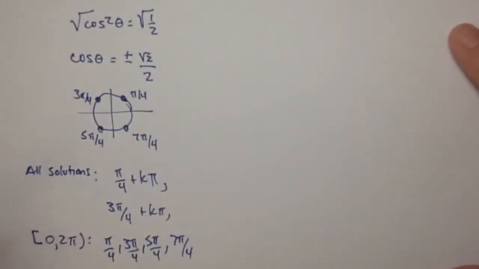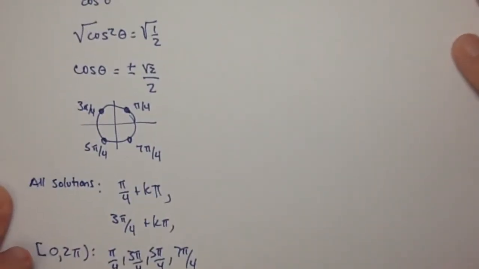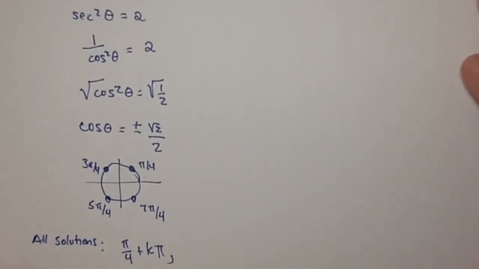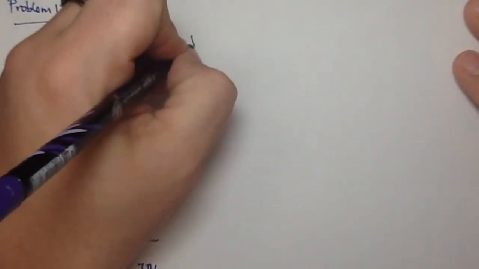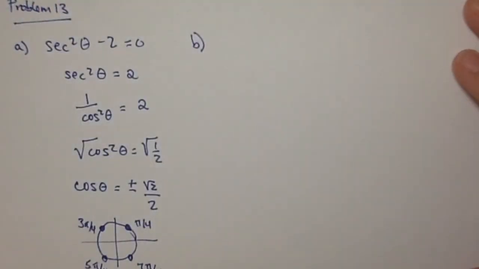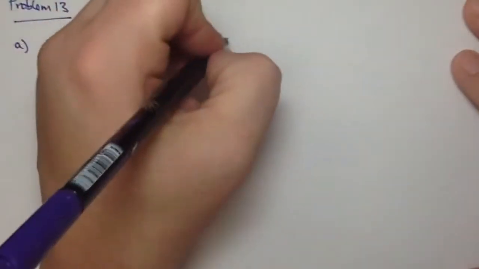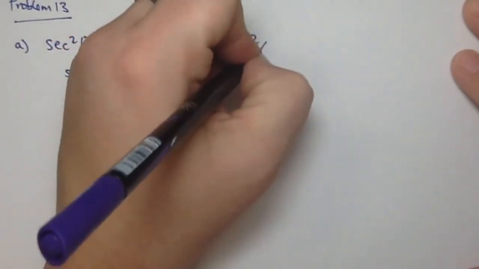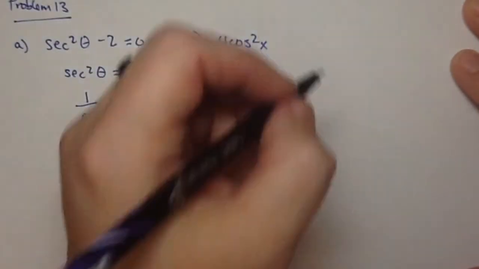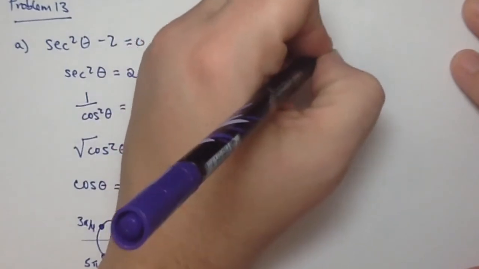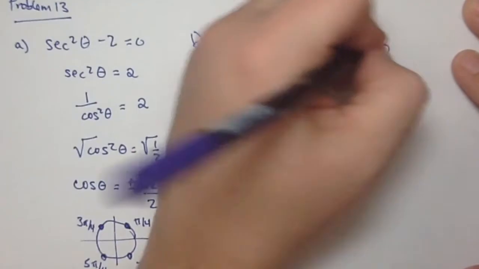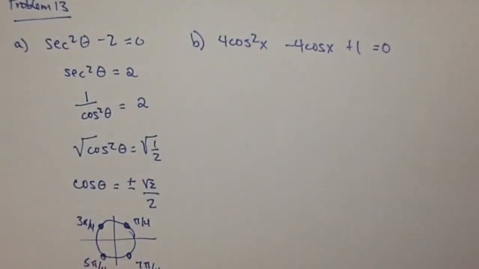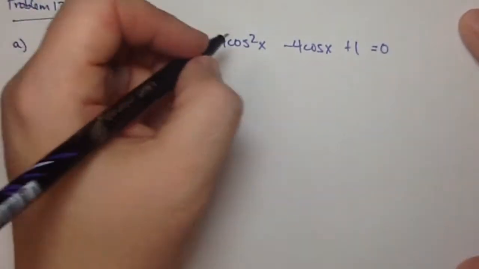So that's been problem A. All right, moving on to problem B. Maybe I'll use another color. Problem B says 4 cosine squared x minus 4 cos x plus 1 equals 0. So this looks like a quadratic that I can factor.